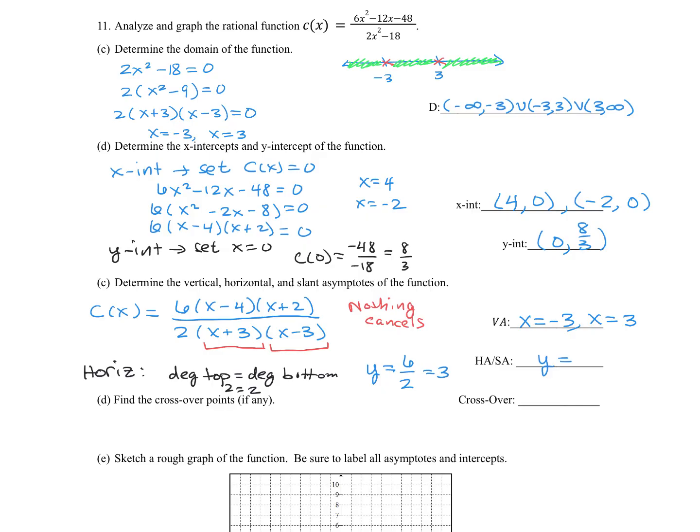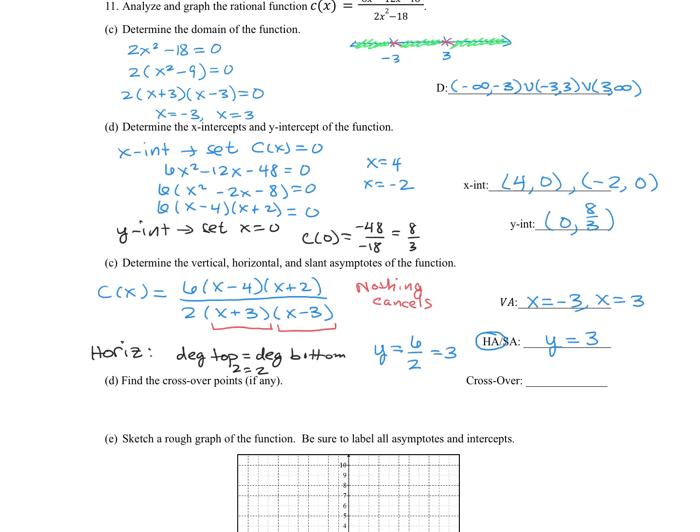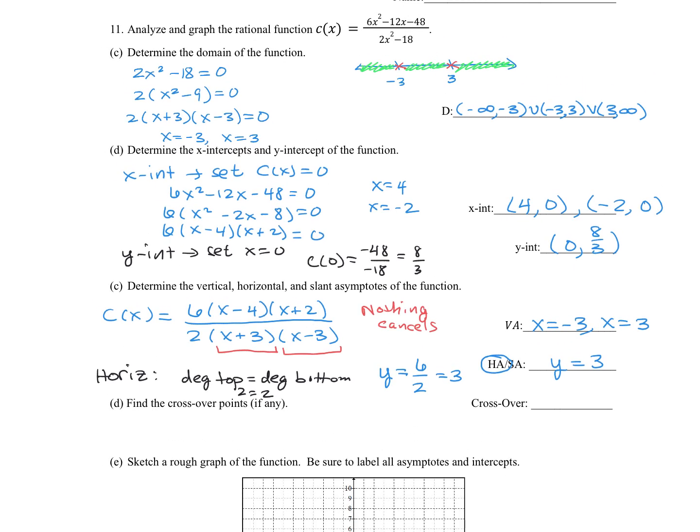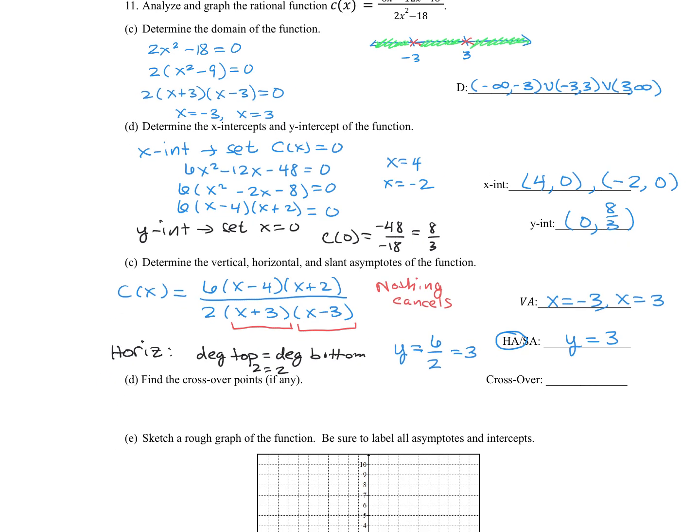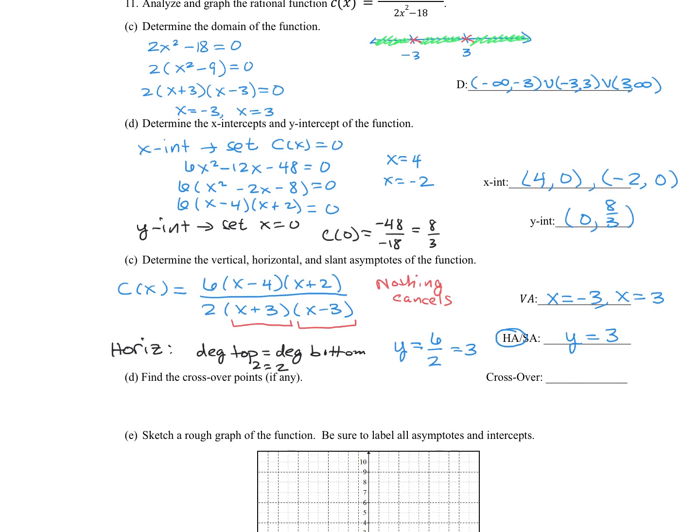So y equals 3 is my horizontal asymptote. There are no slants. Now let's get our crossover point. Crossover point takes the function and setting it equal to the number in the horizontal asymptote. And I wish there was more room here for it, but there isn't.